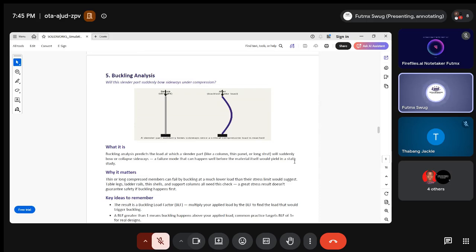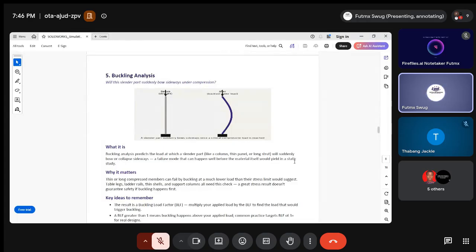Take the bimetallic strip inside your iron: when it reaches a certain temperature, it bends, and you want to know the limit of that bending. That's where buckling analysis comes in. It tells you the level this part is going to bend up to under a particular load, so you design with that level of bend in mind.